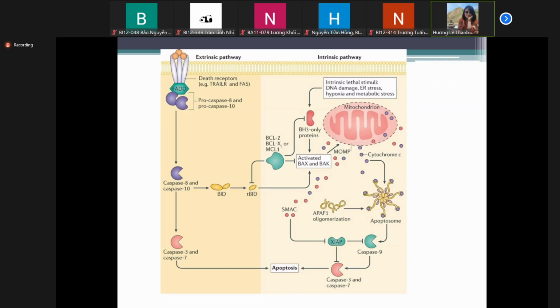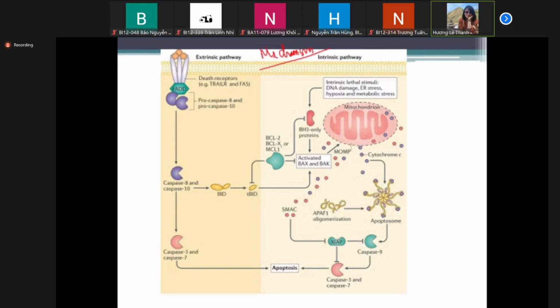The mechanism of apoptosis is quite complicated. So here are the step 1s.